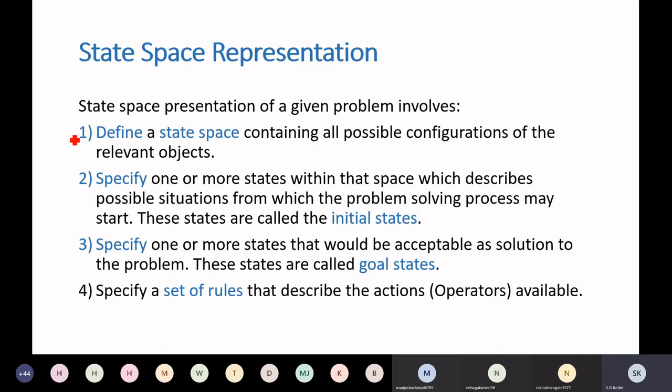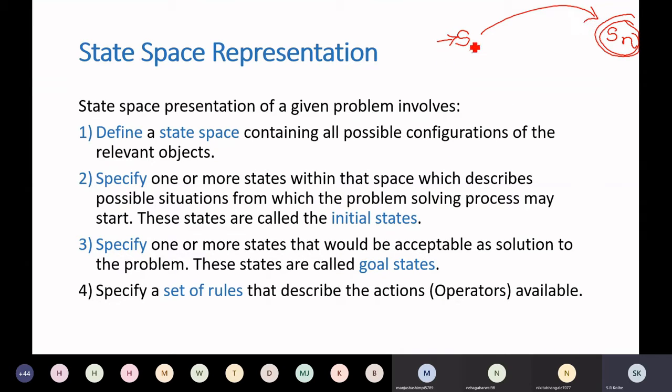You have to incorporate those rules as operators. And these operators you are going to use for converting your initial state, for example, if S0 is the initial state, into the final state, for example, if Sn is the final state.